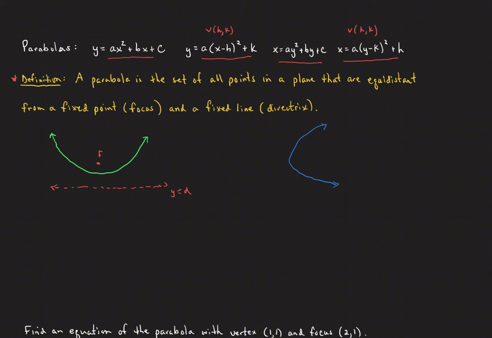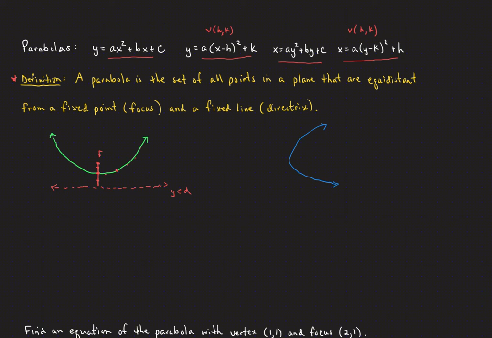Now, because every point on this parabola is equidistant from the focus and the directrix, this distance is the same as this distance. The distance from a point on the parabola to the focus is the same as the distance from the point on the parabola to the directrix.